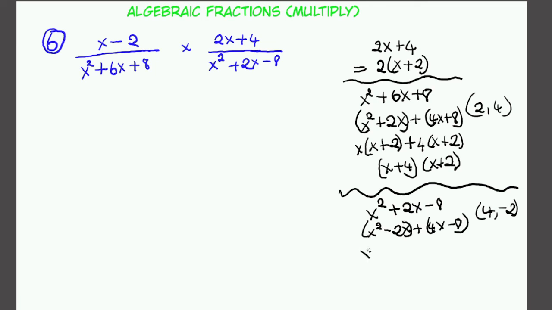Let's factor. So the factors of the second quadratic are x plus 4 and x minus 2. Let's put these back into our problem.